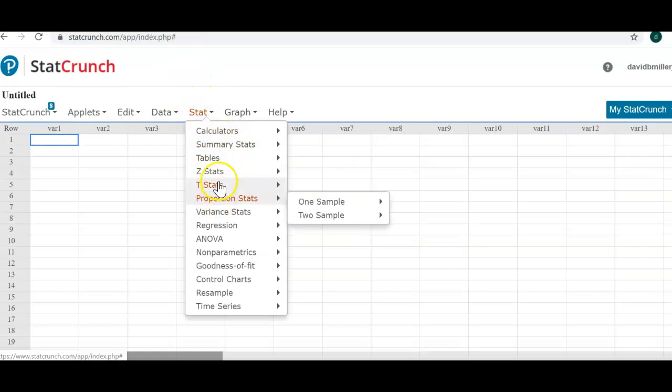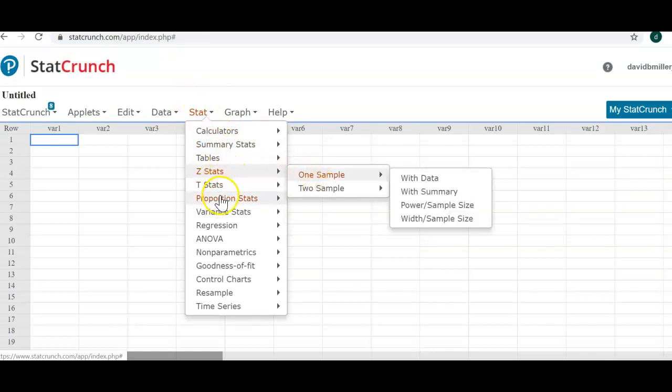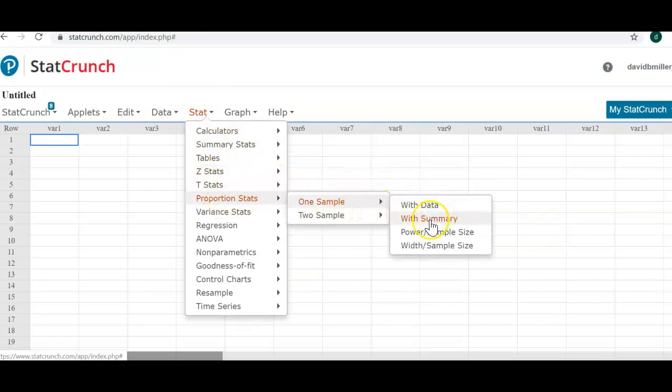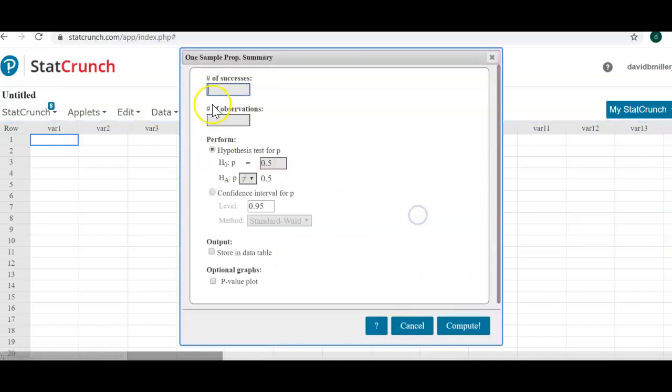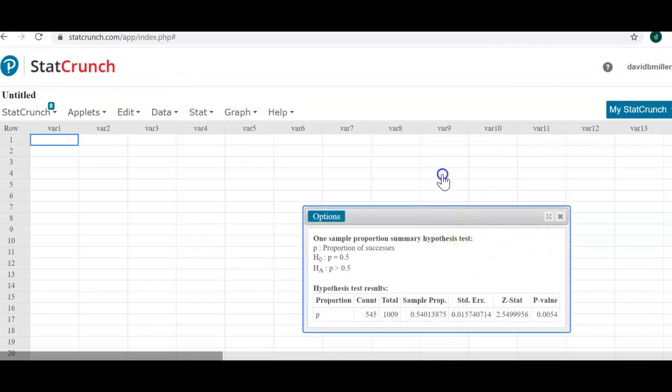We're going to do Stat, Proportion Stats, One Sample, with summary. We had 545 successes out of 1,009 observations. For our hypothesis test, our null hypothesis here is that it's 0.5, and our alternate hypothesis is that it's greater than 0.5. I'm going to hit compute.